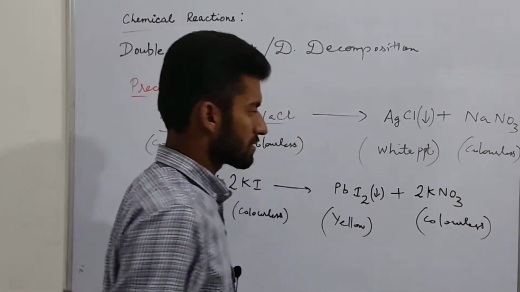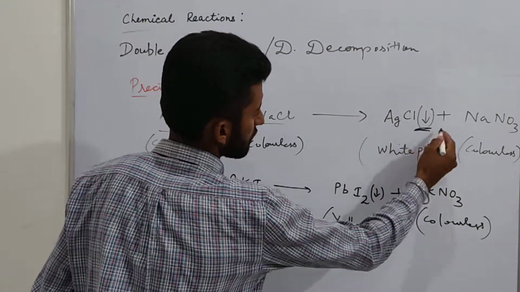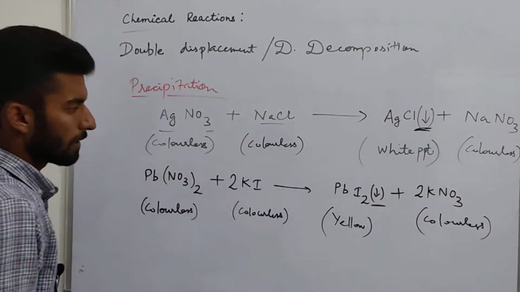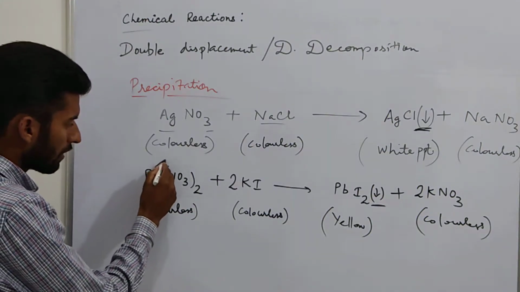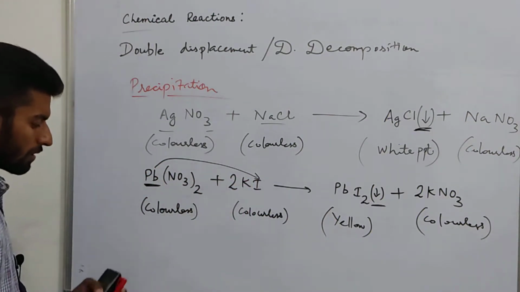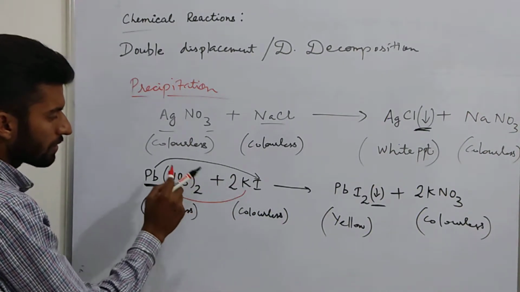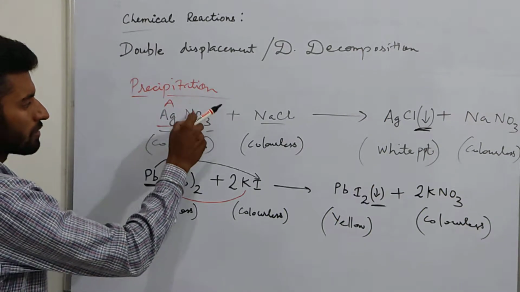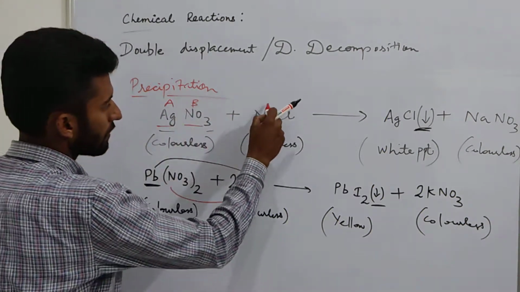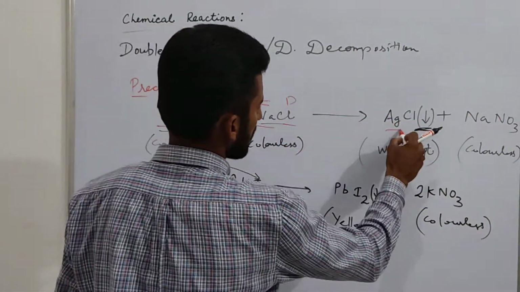Similarly, many more reactions belong to the double displacement category, and in them a precipitate is formed. Clear? Here what is being done in the reaction? This part is combining with this particular part, while K is combining with NO3. Suppose this one is A, this is B, this one is C, this one is D. So what is done here?